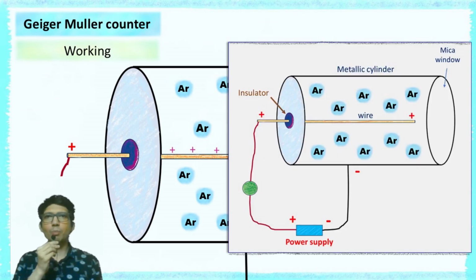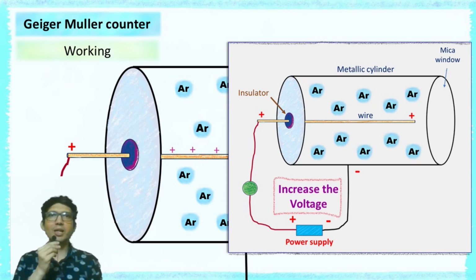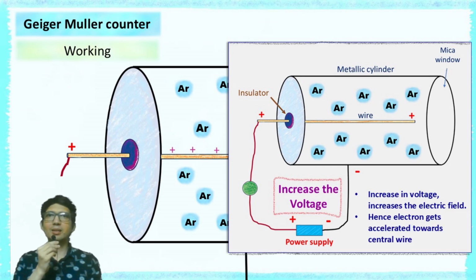To solve this problem, scientists thought of increasing the potential difference between the cylinder and the central wire. The increasing potential difference increases the electric field. Because of this, the electrons get accelerated towards the central wire.